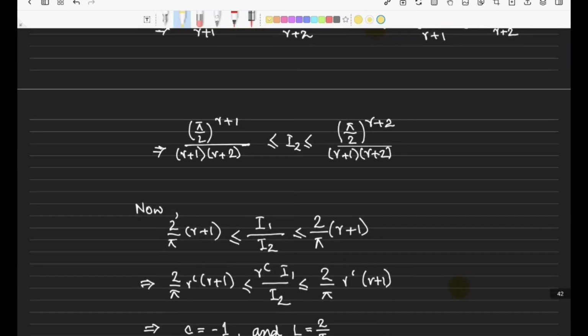Now in the given question, the numerator was I1 and the denominator was I2, and the given question was r to the power c I1 divided by I2, right? So we try to evaluate I1 by I2 first out of all.